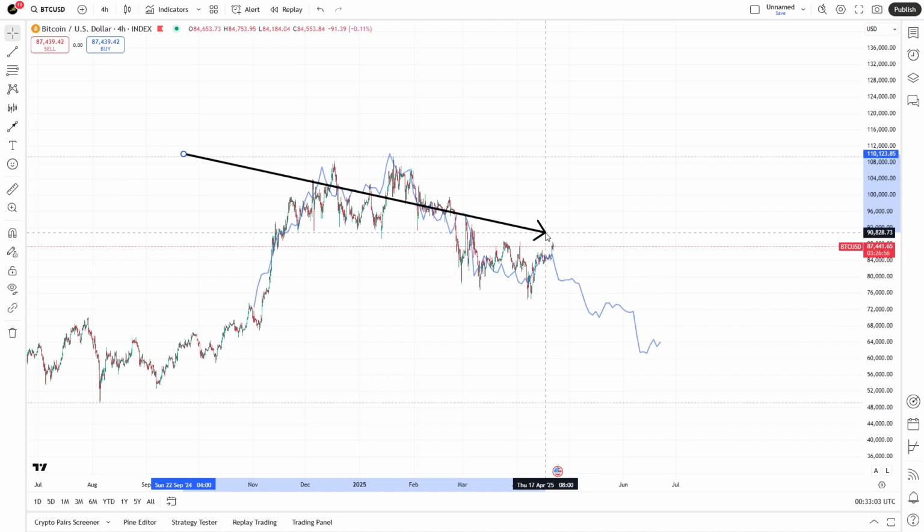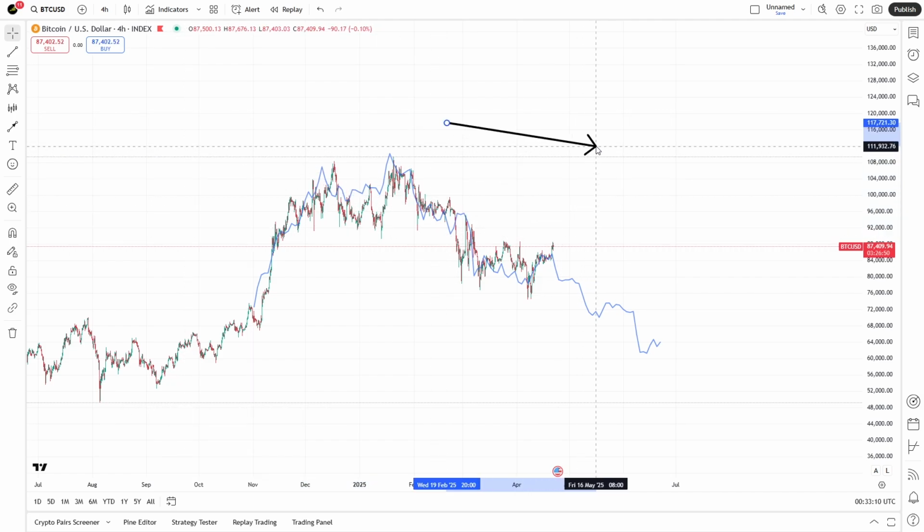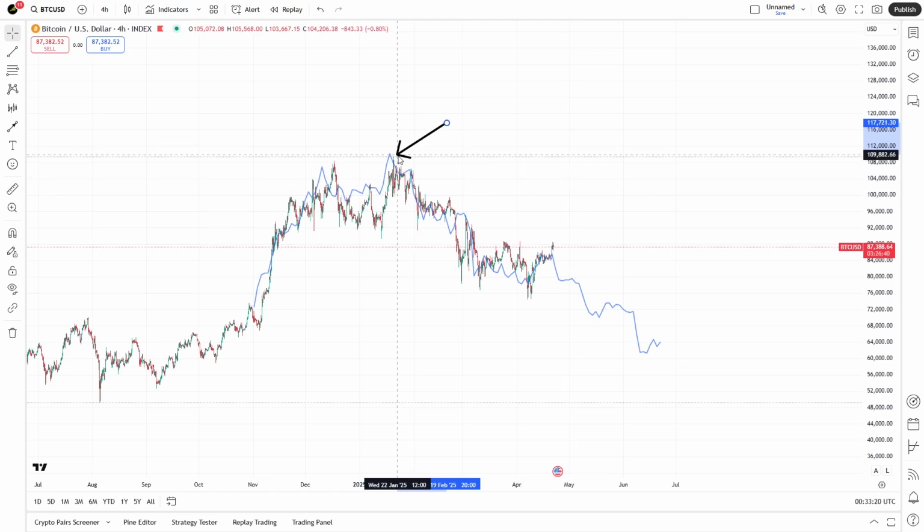So we are at a crucial point. It is possible that it can break from this and move up and make a new all-time high. I don't believe it's going to be a race to 200K or even 150K. It might get above this high, but I don't know how much higher it would go. Maybe in the 120s or 130s.